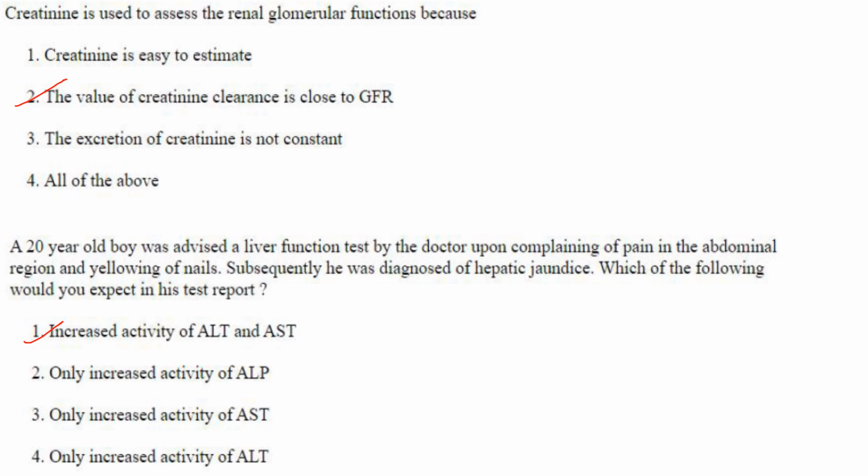In hepatic jaundice, liver damage leads to elevated levels of ALT, that is alanine transaminase, and moderately elevated levels of AST, that is aspartate transaminase. Both these get elevated because of liver damage. So the answer here is option 1, increased activity of ALT and AST.